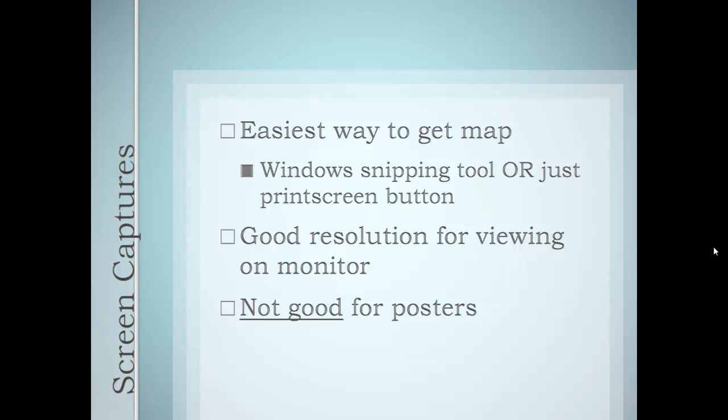Then you'll have an image of the screen, which you can paste into your Word or your PowerPoint document. Now this works very well if it's just going to be something like a Word document that you're going to look at on a monitor. But if you're trying to do something larger, like a poster or something with good quality, this is not very good for that because the resolution will not be very high.